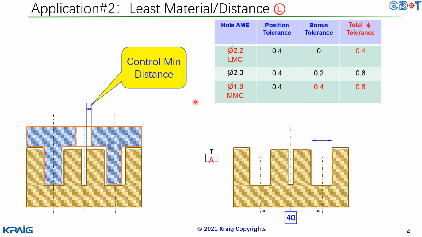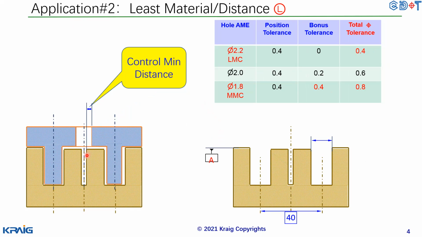Next, application number 2. In this application, the function is that we need to control or guarantee the minimum distance between the edge of the big hole and the edge of the small hole.